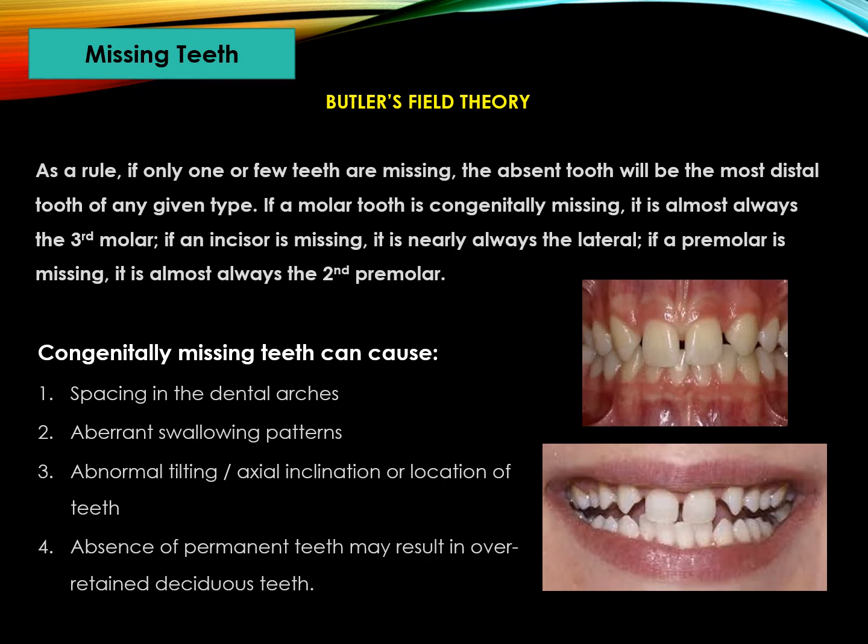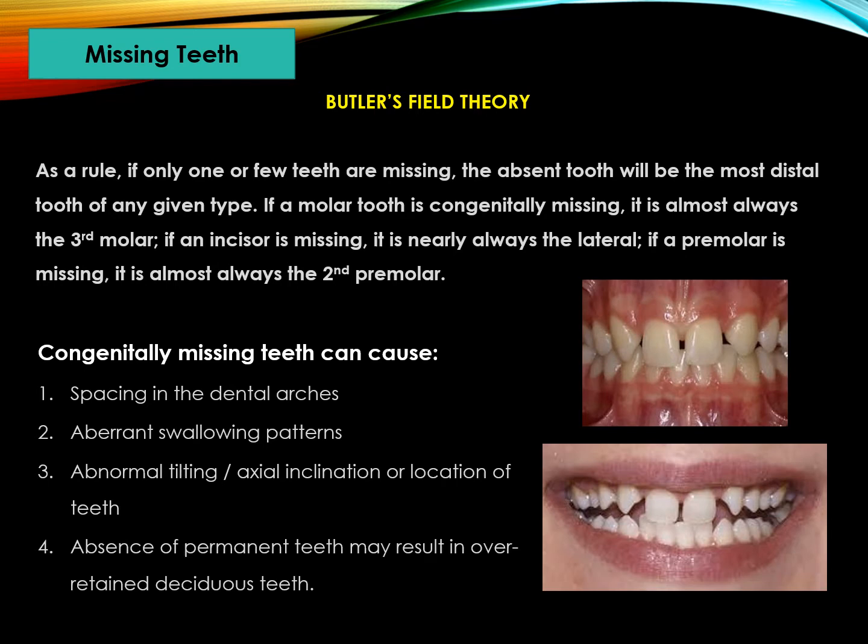So congenitally missing teeth can cause spacing in the dental arches, apparent swallowing patterns, also lead to abnormal tilting or axial inclination or changes in the position of the teeth, and usually the absence of permanent teeth may result in over-retained deciduous teeth. So treatment objectives would be to either create space for prosthesis or close the spaces, depending on the individual treatment objective of each patient.